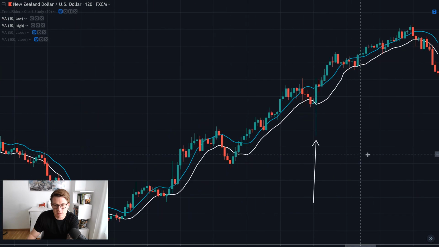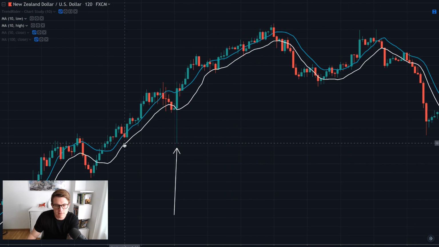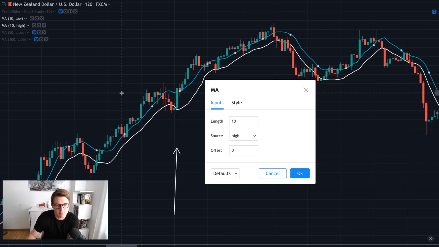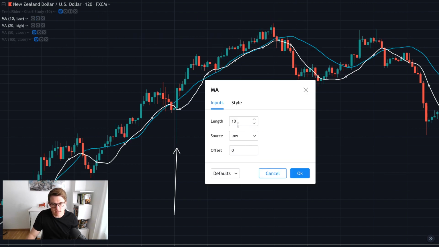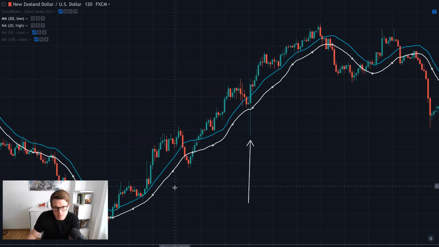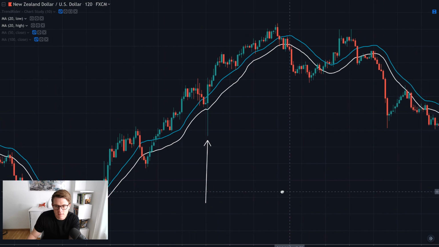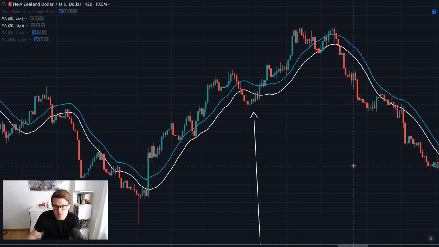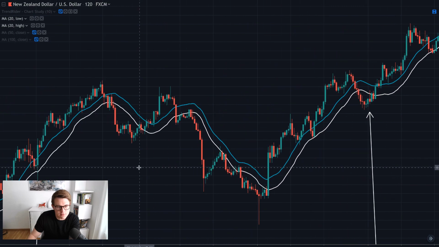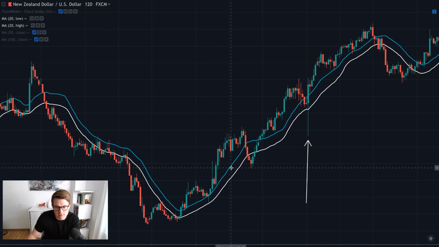So you can see that here we have a 10 period moving average channel, and 10 period might be a little bit too fast for this market because it's not really respected. But let's try to see, okay, now we have a 20 period moving average channel. Now the moving averages, they cannot cross anymore because one is applied to the high and the low. So it's always going to be a channel that is showing on your charts, and you could use the moving averages in the same way.